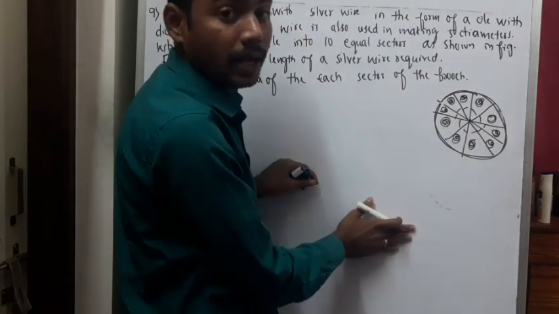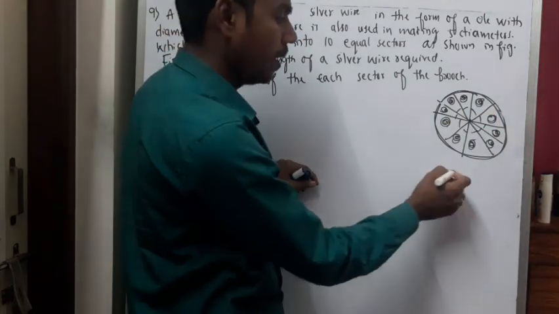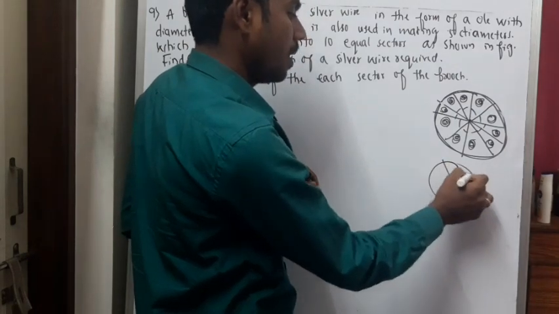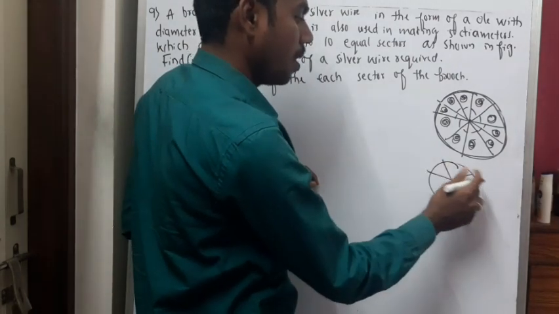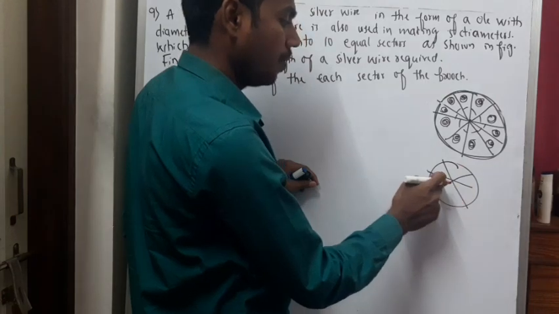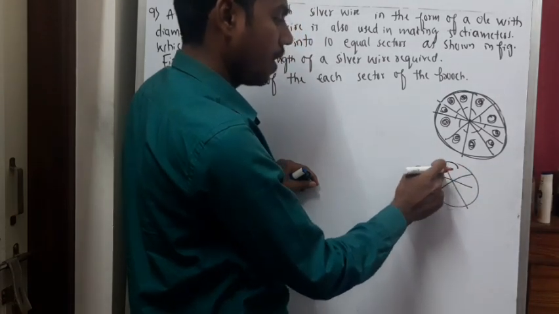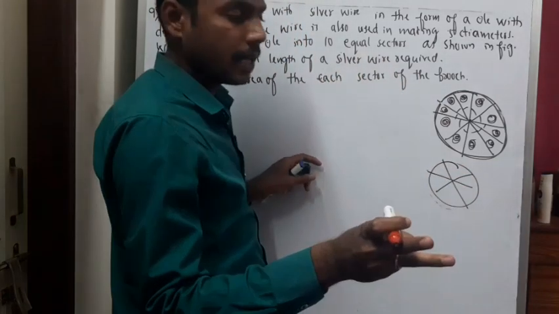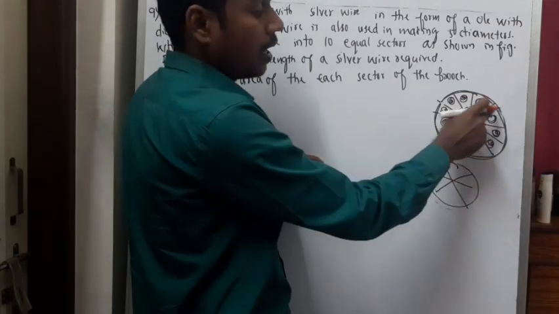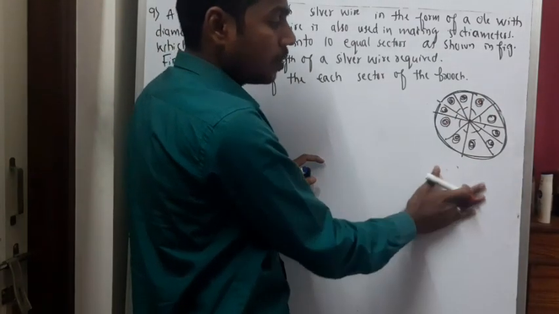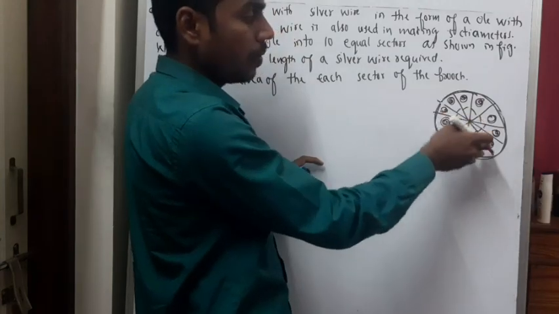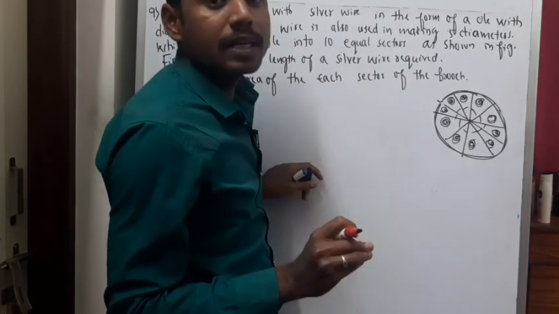If 3 diameters are there, you will find 1, 2, 3, 4, 5, 6 sectors. So 5 diameters are going to divide the circle into 10 equal sectors.